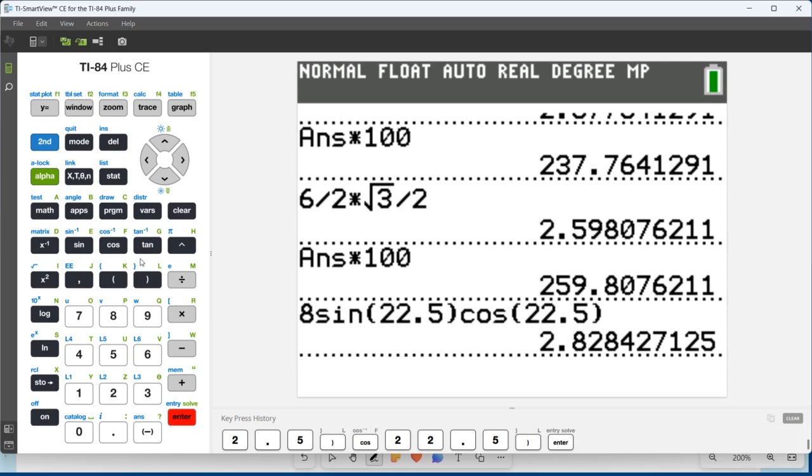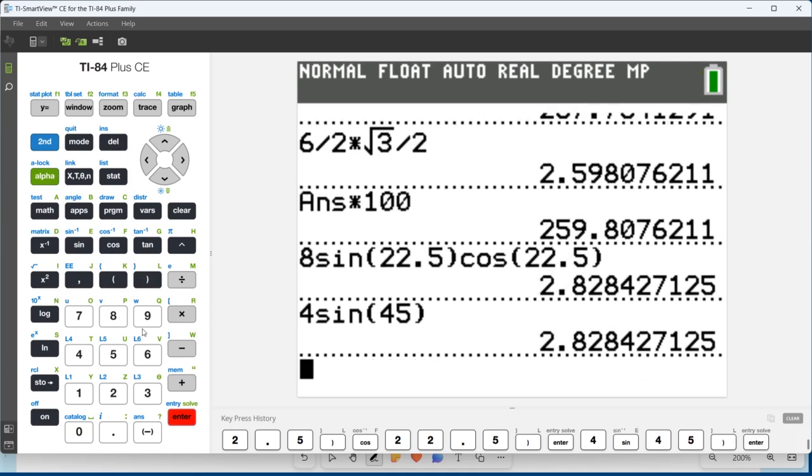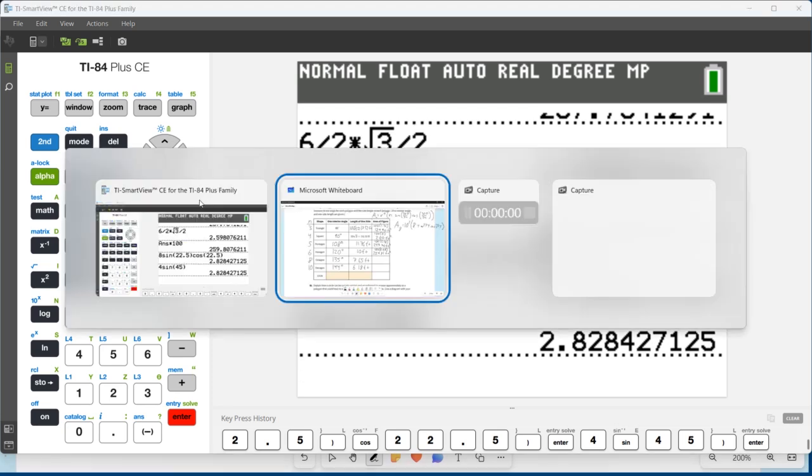2.82. If you want a sneak peek of pre-calculus, when you guys are in pre-calc, you'll actually learn that this is the same thing as 4 times the sine of 45. So same thing, but we're definitely not going to get into that right now. Regardless, no matter what you do, you should get 2.83.